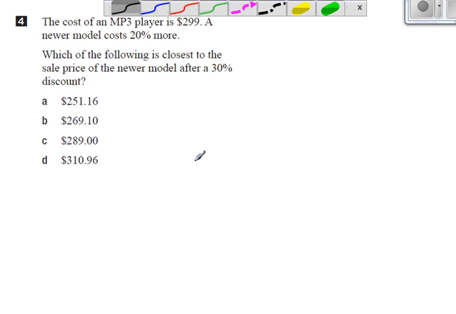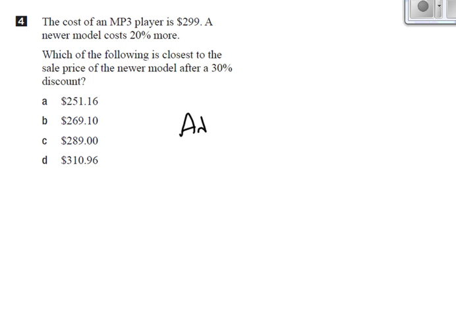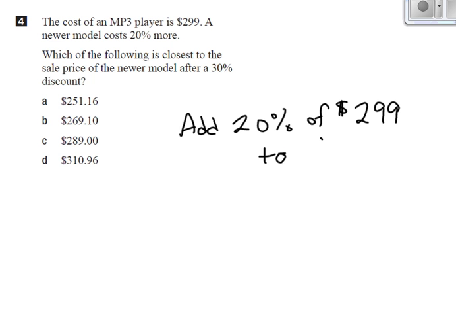The first thing we have to do is add 20% of 299, we'll leave it at 299, to 299. I'm increasing the price by 20%, so I need to know what is 20% of 299.